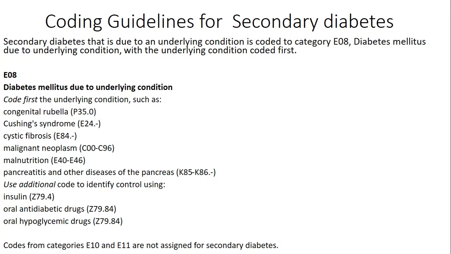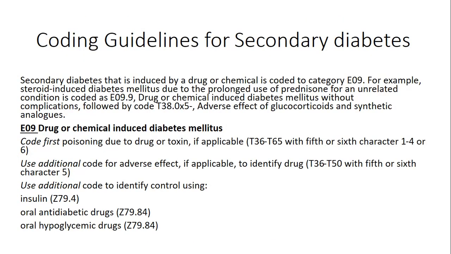Coding guidelines for secondary diabetes. Another code category for secondary diabetes is E09, that is drug or chemical induced diabetes. Here also you have to first code the poisoning due to drug or toxin, if applicable, that is from category T36 to T65 with 5th or 6th character 1 to 4 or 6. So the secondary diabetes that is induced by a drug or chemical is coded to category E09.